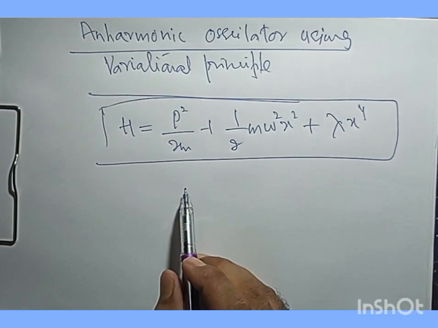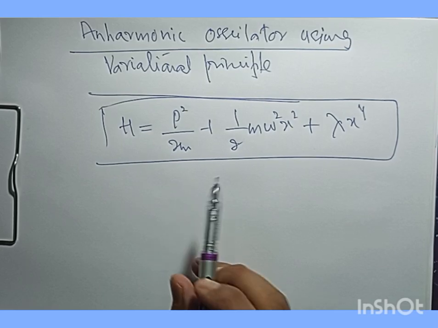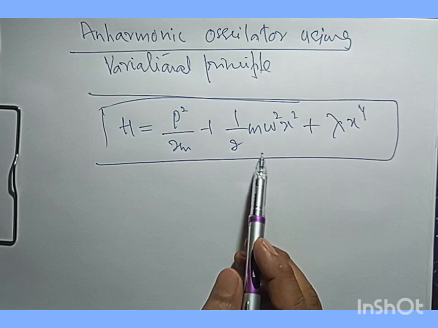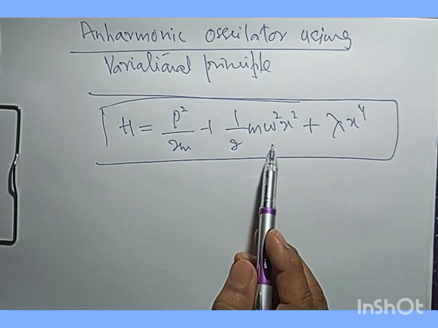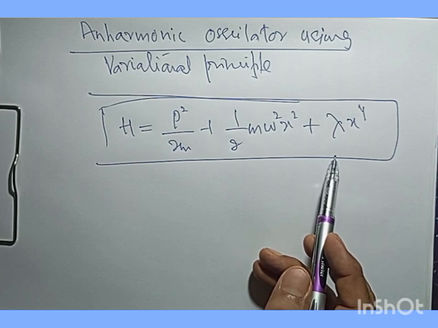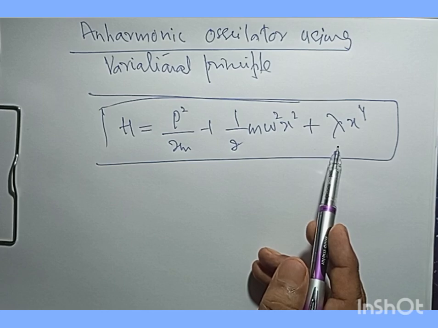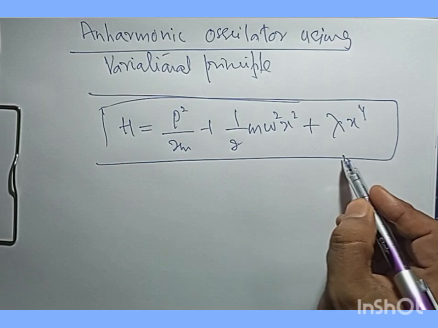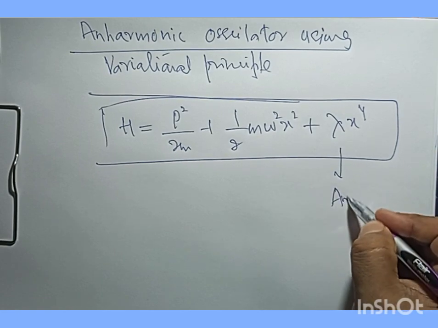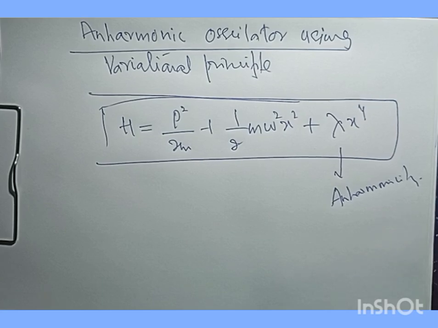The first term, as we all understand, represents the kinetic energy. The second term represents the harmonic potential, and it's quadratic in nature. Then we have the third term that we have introduced, lambda x raised to power 4, and this is what introduces the anharmonicity to the system.